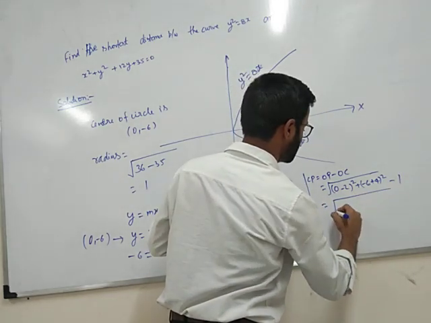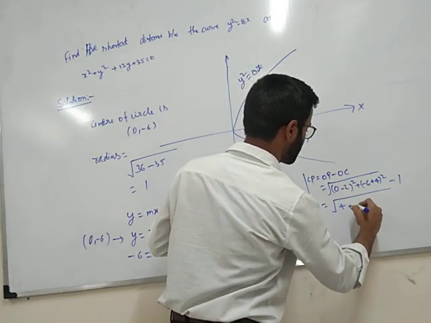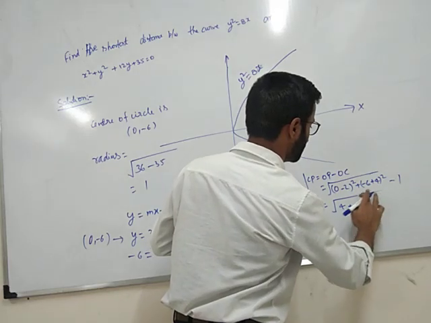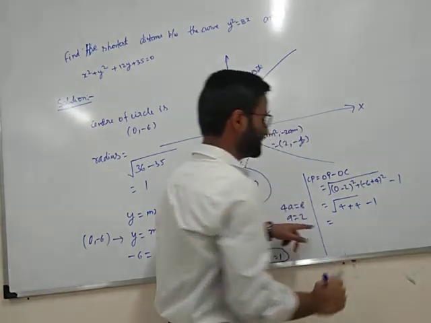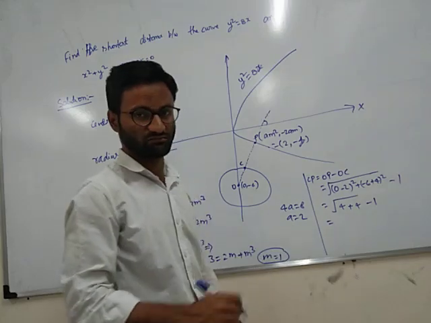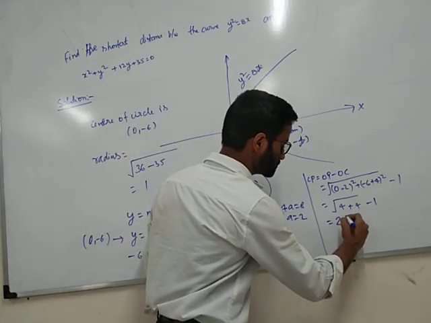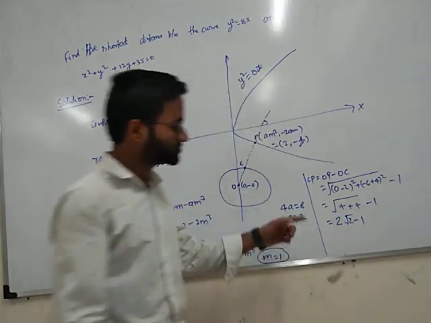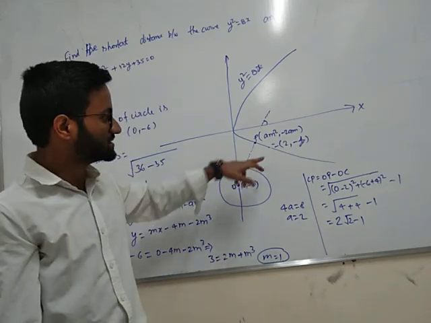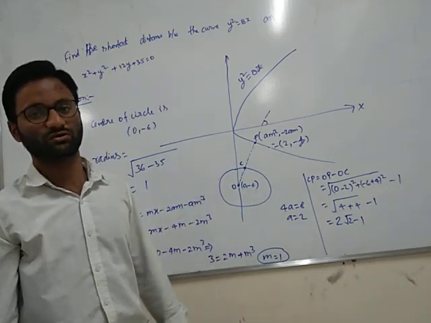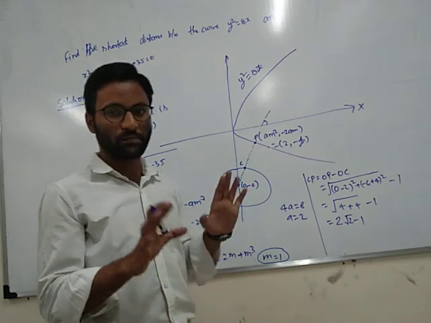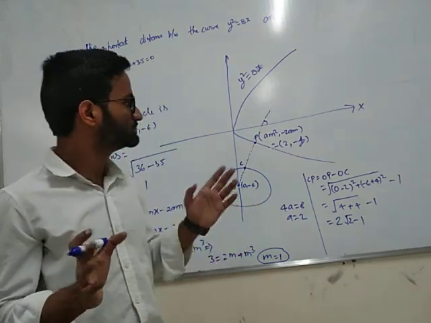That gives 4 plus 4, which is root of 8, meaning 2 root 2. So 2 root 2 minus 1 is the shortest distance between this curve and this circle. I hope it is completely clear to you. Okay, thank you.